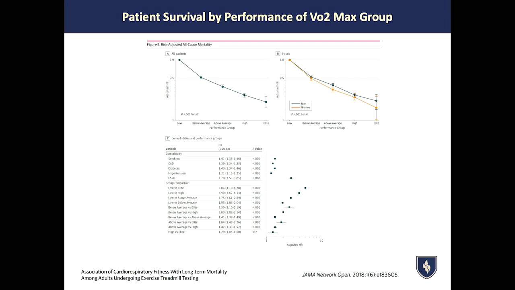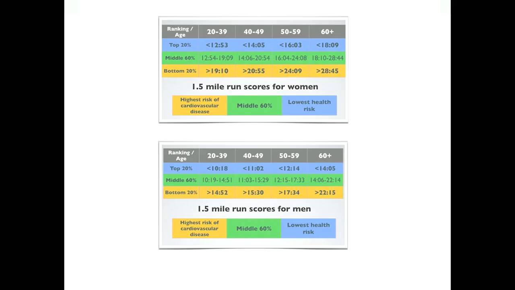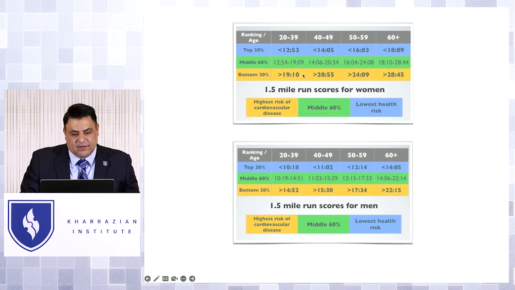Here's the list, for example, when you look at the ranking of average 1.5 mile running scores. The middle is getting through it in 12.54 to 19.9 minutes in this age group. So let's say someone's 50.